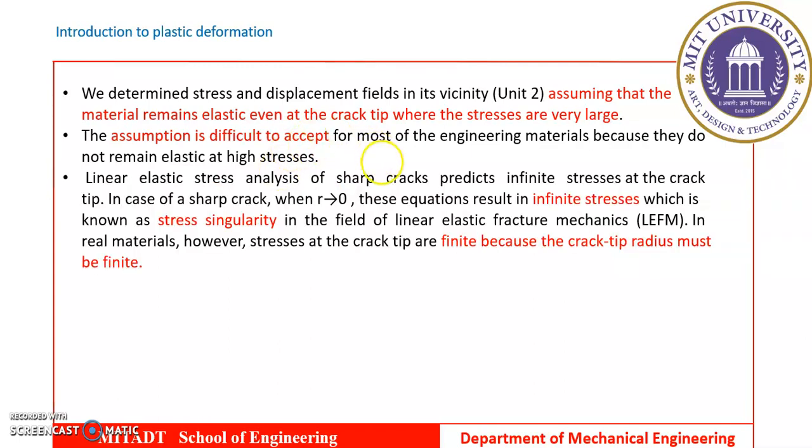Now at the crack tip, when r tends to 0, that is very near to the crack tip, if we see the equations, they give infinite stresses near the crack tip, which is known as stress singularity.